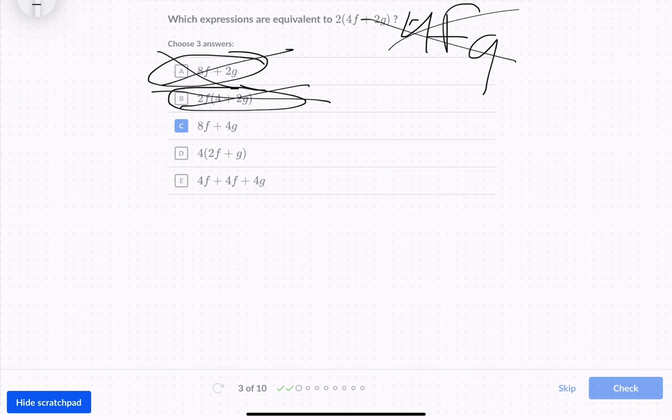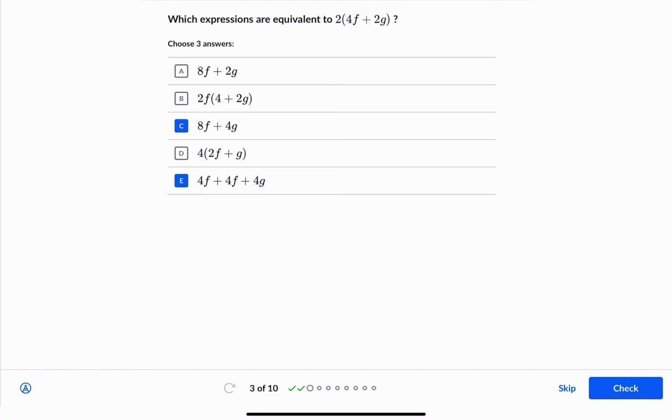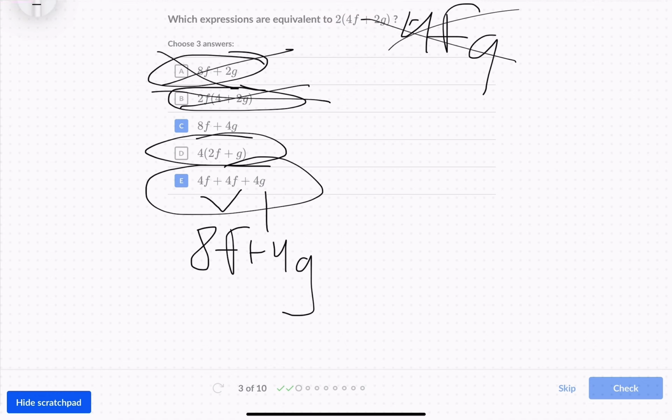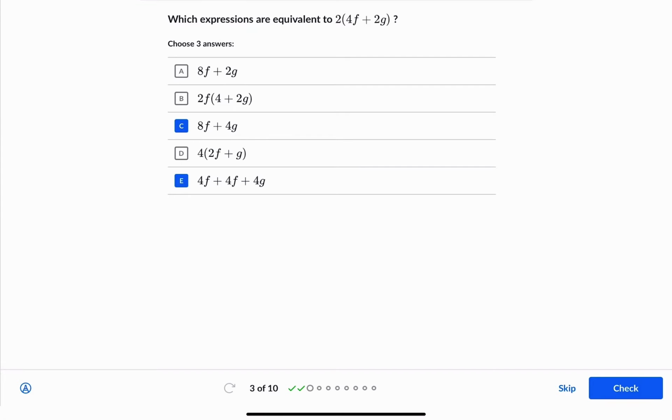And then this one, if we add everything, 4f plus 4f is 8f, and we just bring it down, plus 4g. That's what we want, so we can select that. And then we have this one, so if we multiply this out, we get 8f plus 4g. So yeah, that works.